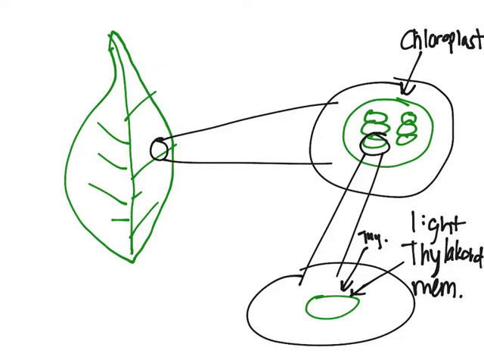The stroma is like the cytoplasm of the chloroplast, essentially all of this stuff that's not the thylakoid. And so the dark reactions occur there. I'll discuss the detailed process of light and dark reactions.